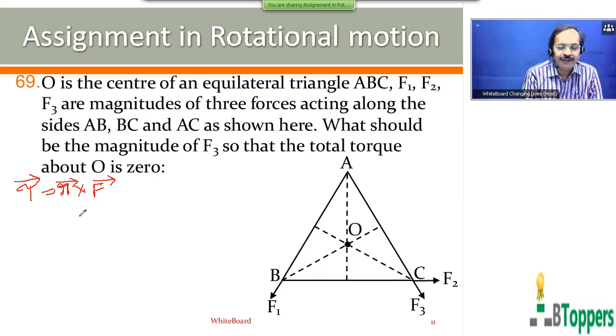So using this definition for the moment of the force or torque, moment of the first force F1 bar, denoted by tau 1 bar, is equal to R1 bar cross F1 bar. So R1 bar is equal to the position vector of the point B at which the force F1 bar acts.